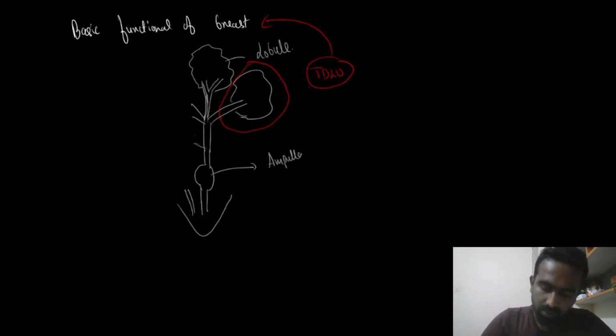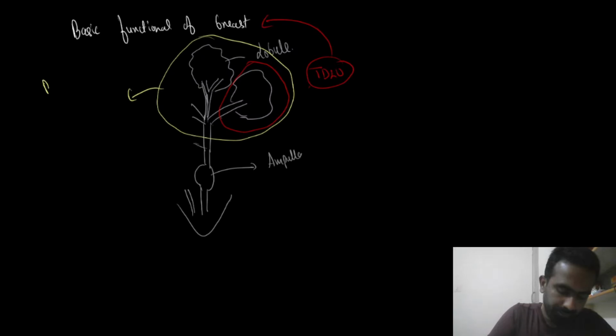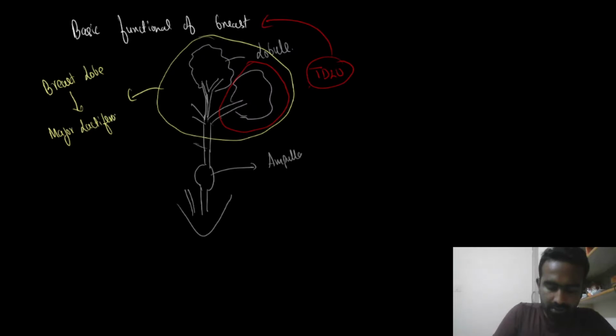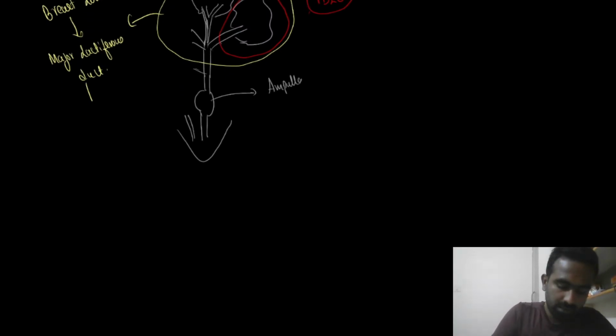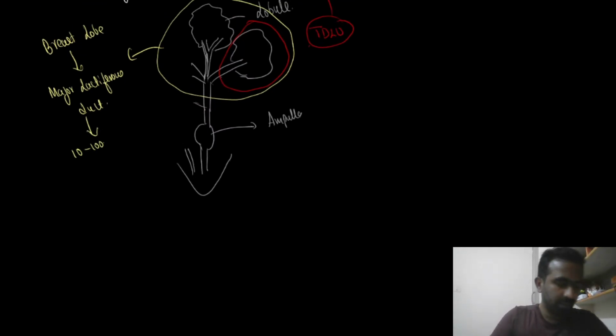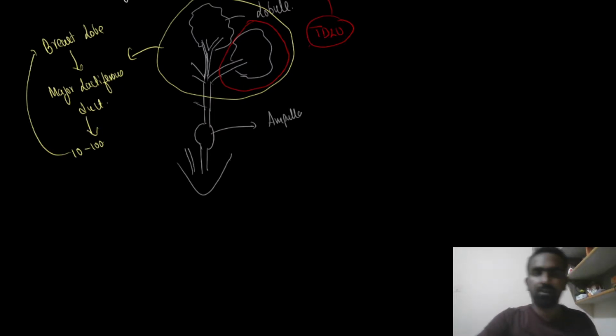Multiple lobules together form the lobes. This is a breast lobe, which is drained by a major lactiferous duct. Up to 10 to 100 breast lobules can be there.